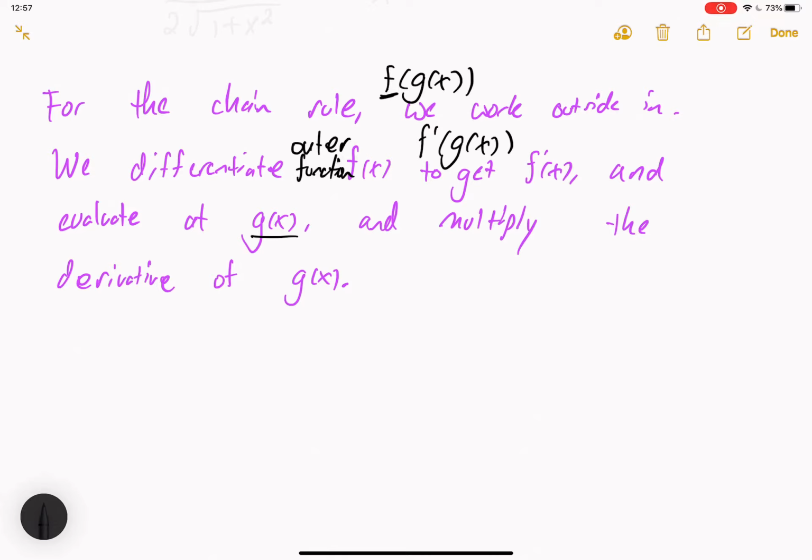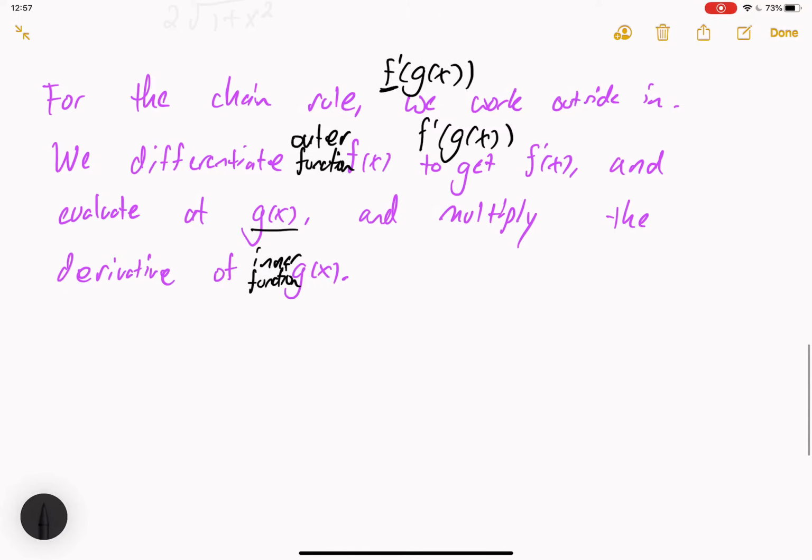Well, the derivative of g of x, but really g of x is the inner function. So the first thing we did was differentiate the outside to get f prime, evaluate at g of x to get this, and the last thing we do is multiply by the derivative of the inner function, which was g of x, so then times g of x. Well, g prime of x, my bad.